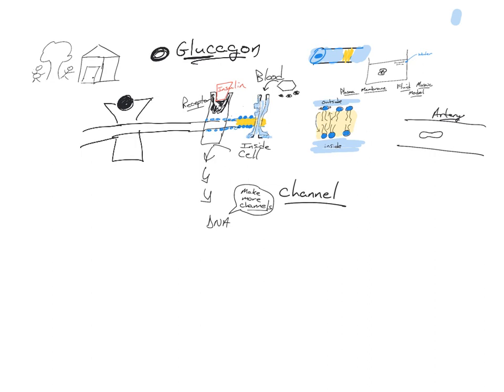That's another message that says too many channels. Your blood glucose is getting too low. So they get rid of the channels. They stop making them. The DNA gets shut down. These disappear out of the membrane. So now your blood glucose goes up again.